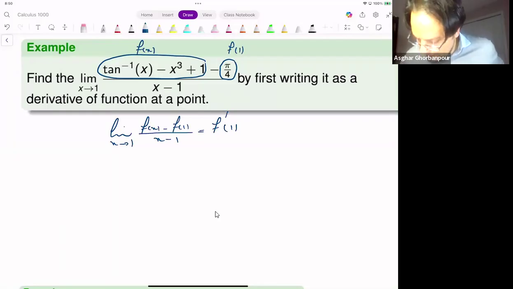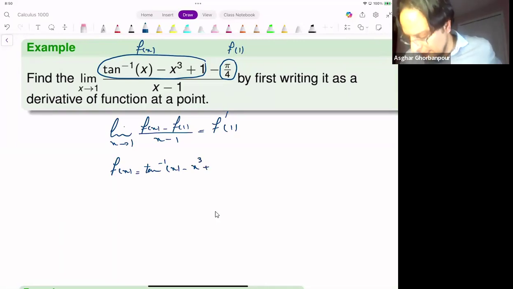So yes, here I have to check f of x is tan inverse of x minus x cubed. Actually, why do I put 1 there? Doesn't matter. You can add any constant to this function and it will still work, with or without 1.